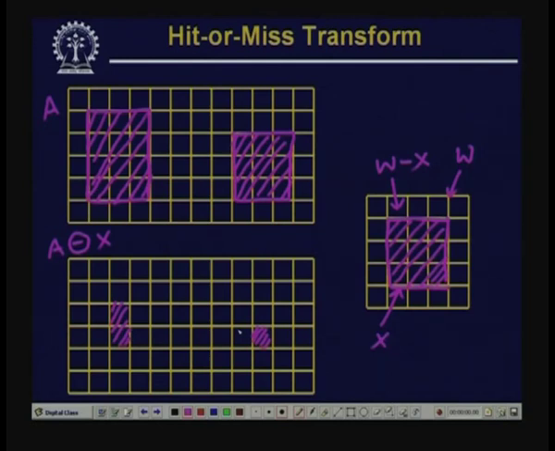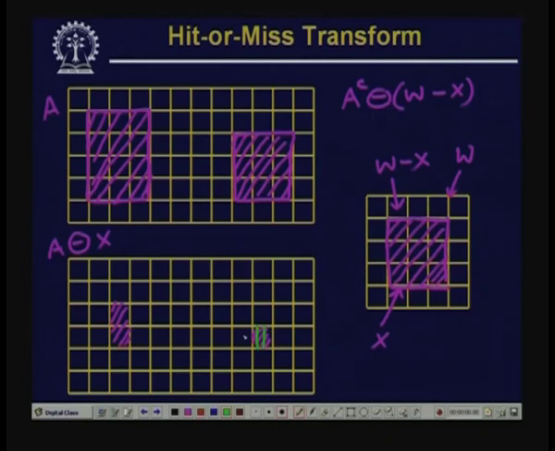So, this is our first operation, A eroded with X. The next operation is that I will take the complement of A, which will be eroded with W minus X. If I erode A complement with W minus X, then I will get only one pixel, which is this.